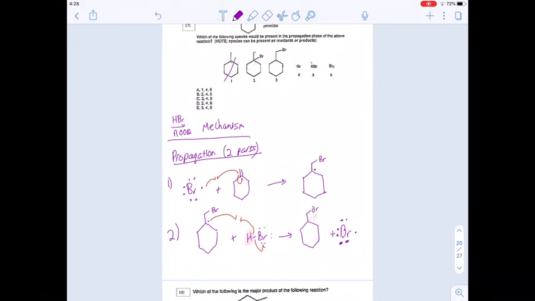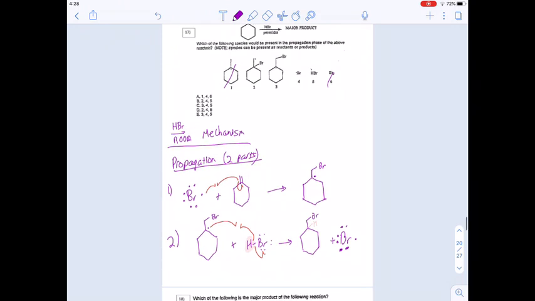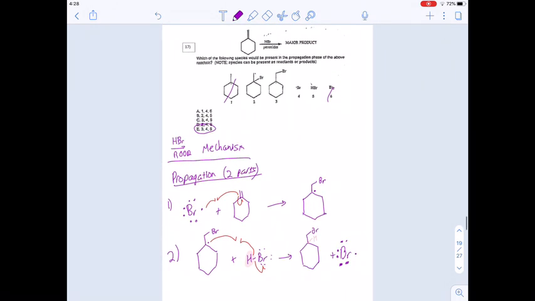So 4 is there. And then HBr we see here. Br2 we do not see in the propagation stage. That's in the initiation stage. Let me get rid of the highlight. So the answer is going to be 3, 4, and 5 for 17, and that is letter E.